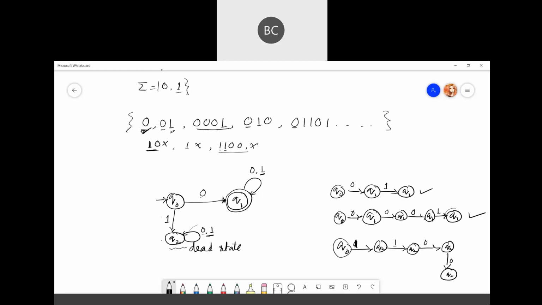It is not a final state, so these strings will not be accepted. All the strings which will reach the final state, only those strings will be accepted. And all these strings are starting with 0. Is this part clear?